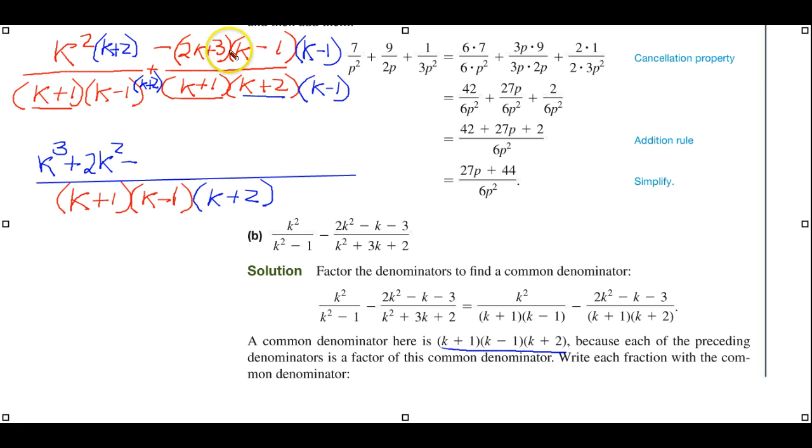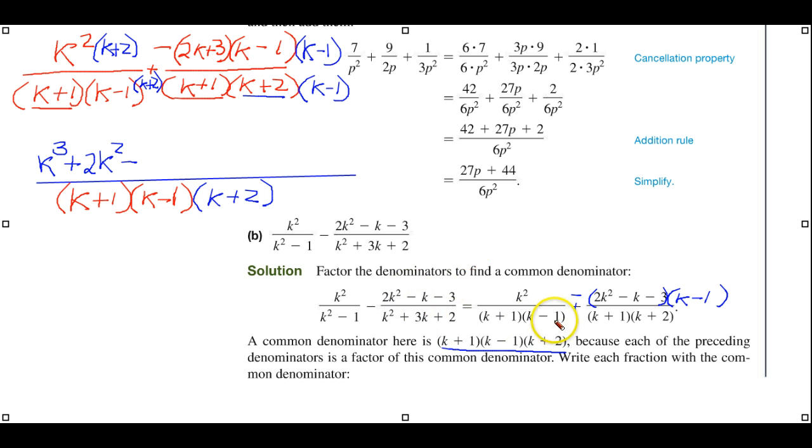Now I did factor this, and I didn't really need to factor this, but in a sense, over here, what I have to multiply this one by, again, I can make that a plus, put that in parentheses, put a negative out there, and this is going to be k minus 1.